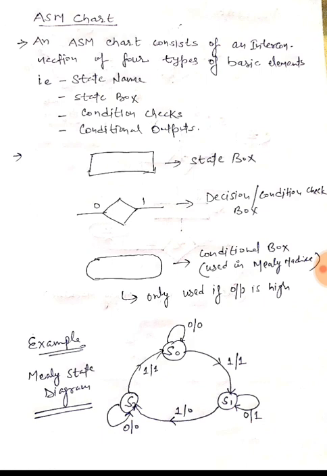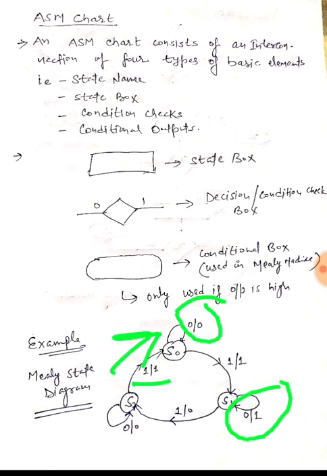Similarly, it moves to state S0 from S2 if the input is 1 and the output is 1. It remains in state S0 if the input is 0 and the output is 0. It remains in state S1 if the input is 0, and remains in state S2 if the input is 0 and the output is also 0. So this is the diagram which we will try to convert into an ASM chart.